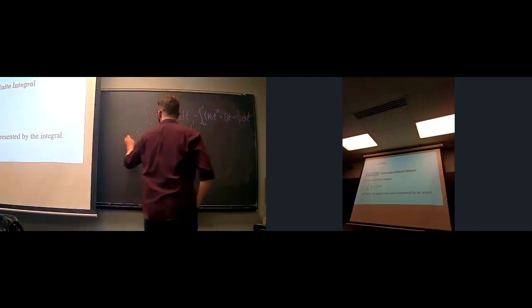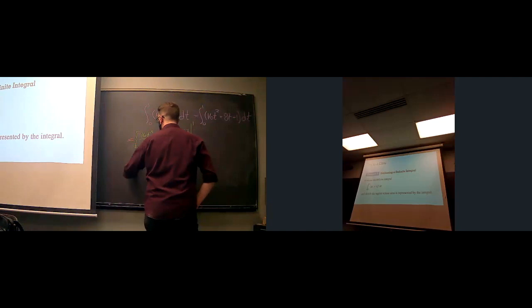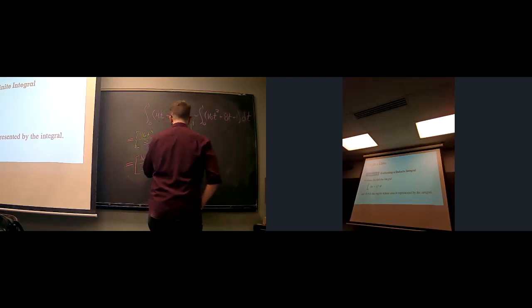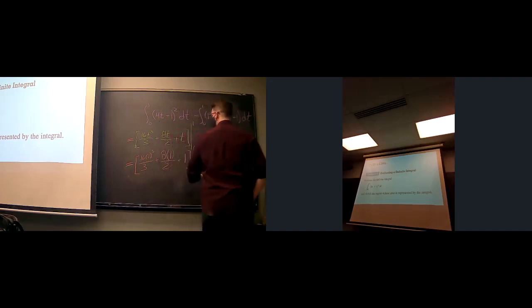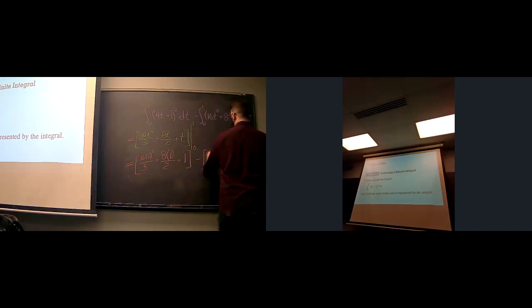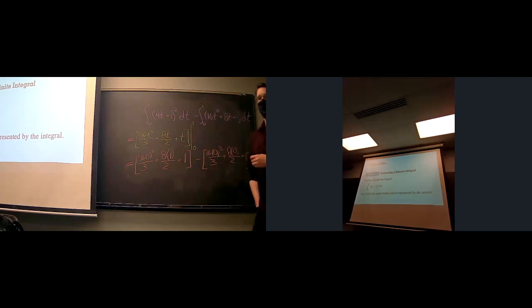So doing that math now, this comes out to be 16 times 1 cubed over 3 plus 8 times 1 over 2 plus 1 minus 16 times 0 cubed divided by 3 plus 8 times 0 divided by 2 plus 0. Well, all of these terms drop out on the right.